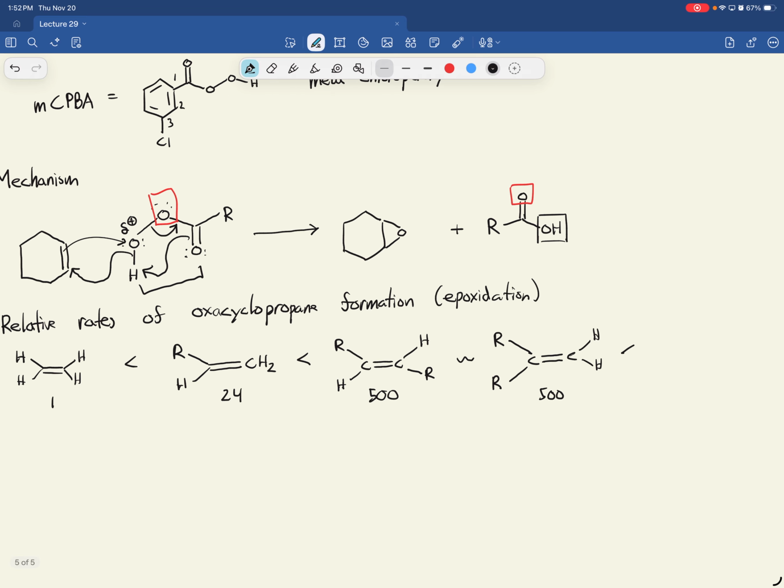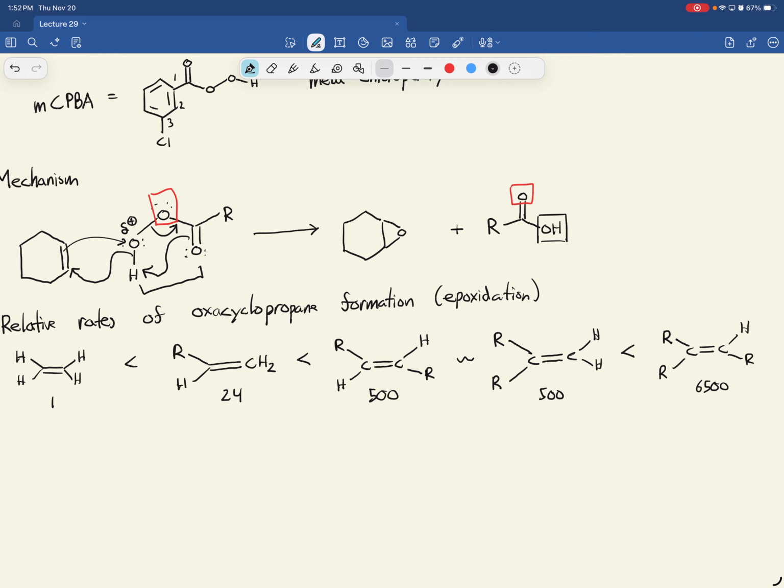All right. And then this is less reactive than a trisubstituted one. So you see the rate is kind of increasing exponentially here. So 6,500, very fast.